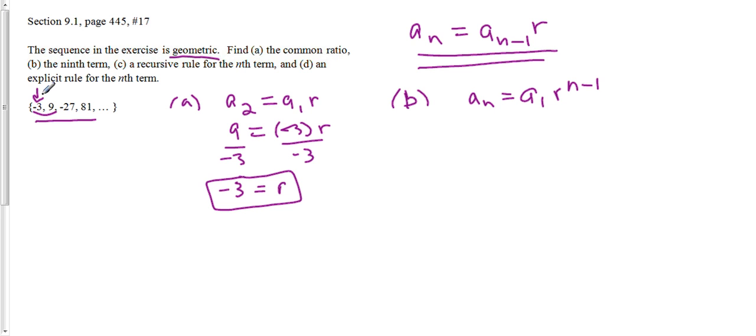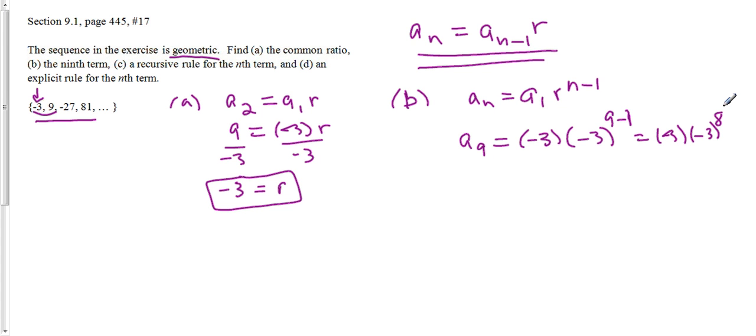Well, do we know what a1 is? Sure, it's that first element, -3. Do we know what r is? It's also equal to -3, and we found it in part A. So let's find a9. a9 is going to be a1, -3, times r, again -3, to the 9 minus 1. Every place that I see an n, I substitute in a 9. So I'm going to have -3 times -3 to the 8th.